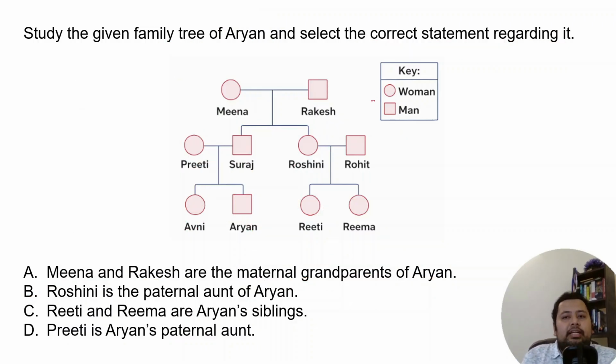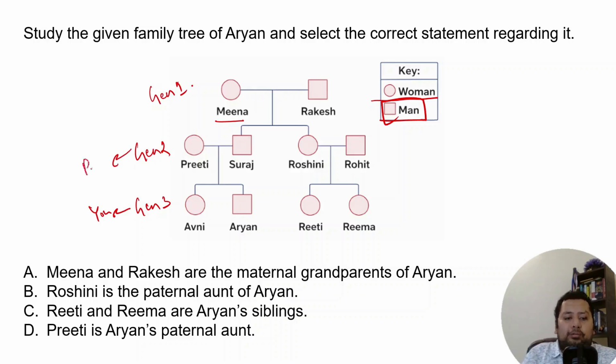So here circle means women, a square means man. Here Meena and Rakesh are generation 1. So I'm just writing gen 1. This is generation 2 and this is generation 3. Generation 3 is nothing but you. Generation 2 are your parents and generation 1 are grandparents, right?